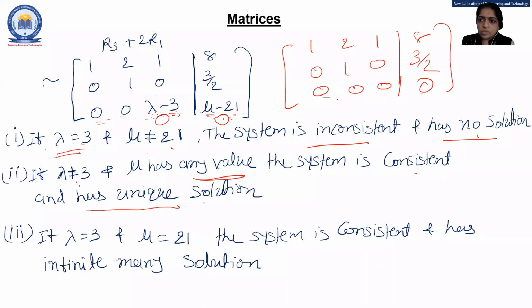If your last row is 0 on both sides, then your system is consistent and has infinitely many solutions. If the left hand side as well as the right hand side are all 0, then the system is consistent and has infinitely many solutions. How it is possible, I will teach you in the next example.